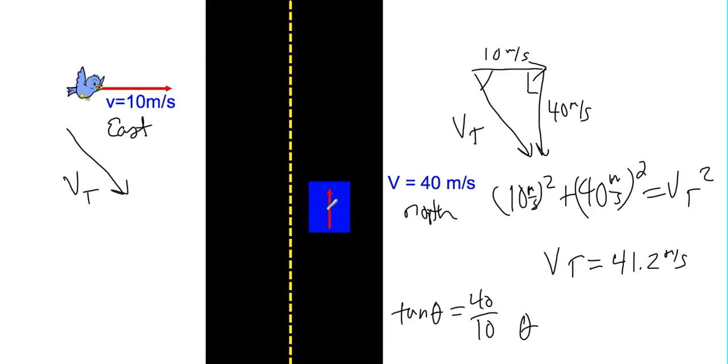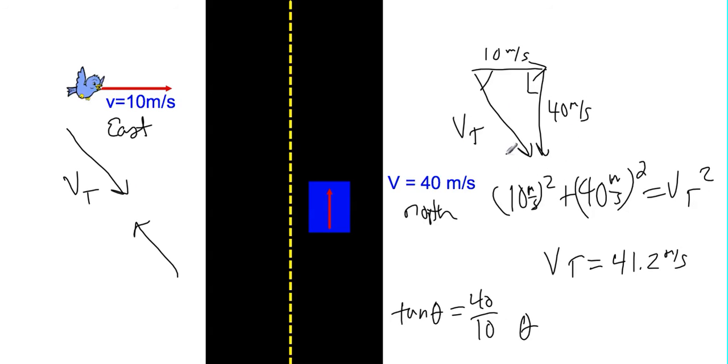If we want to talk about how the bird notices the car move, well, it's going to go the opposite way. So he would notice the same speed, the same 41.2, but this time moving towards him. And again, thinking of the bird as kind of a stationary point, the car would be moving that way towards the northwest. Again, just the opposite of the southeast direction from before.